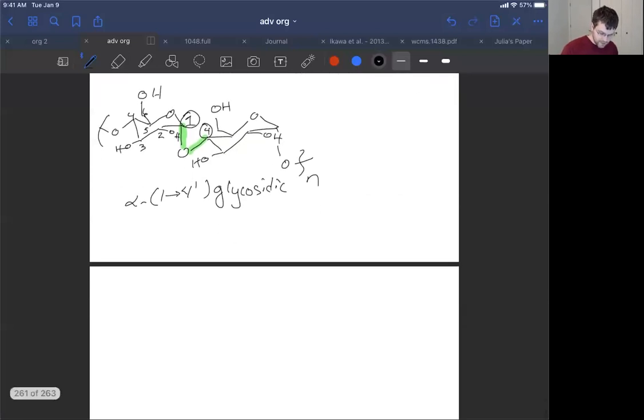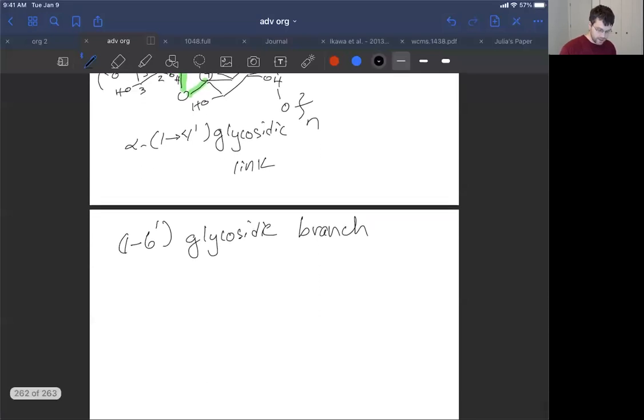We could also have a 1 to 6 prime linkage. If the last one was a glycosidic link, this is called a glycosidic branch because it leads to branch points in complex carbohydrates.